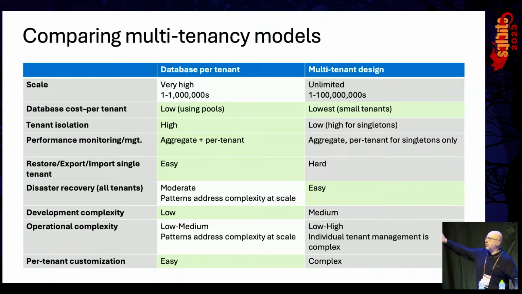Right, so again, comparing the two models is relatively easy. This database per tenant isolated approach is good for scaling to a few million databases. We see customers actually doing that, so that has proven to be successful. While going with a true multi-tenant design can scale to potentially billions, right? That depends on your database workload itself.